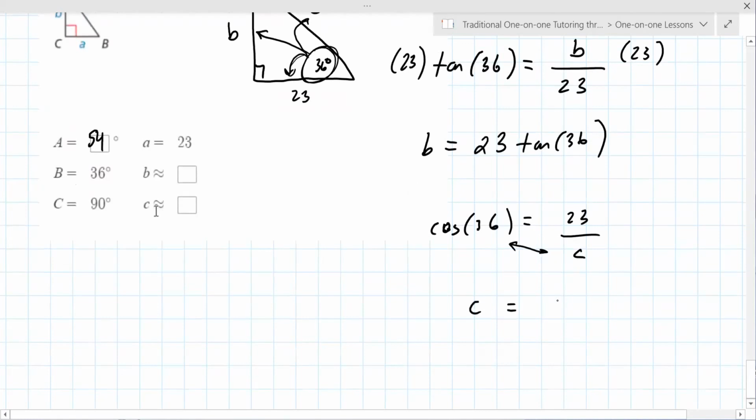So C equals 23 divided by cosine of 36. 28.43. Okay, go ahead and enter those. Cool.